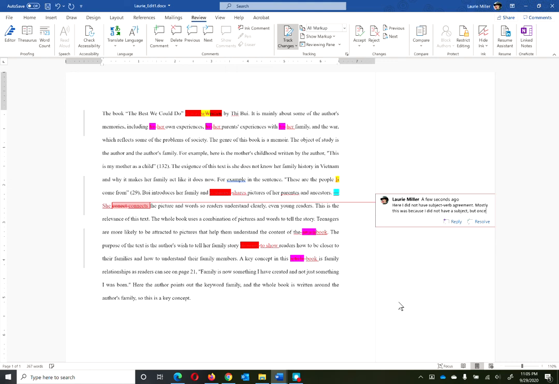But once I added it, I needed to put the verb connect in agreement with the singular subject.